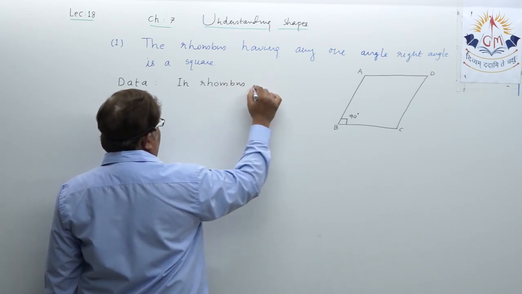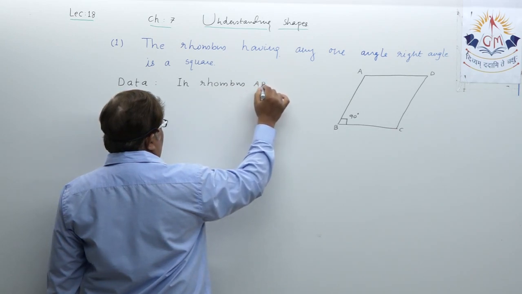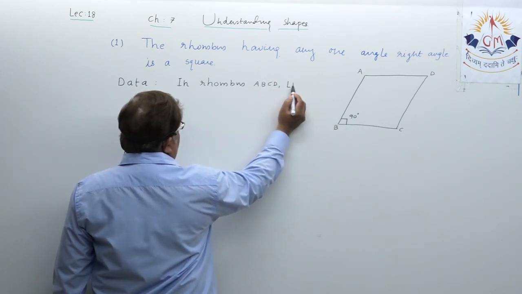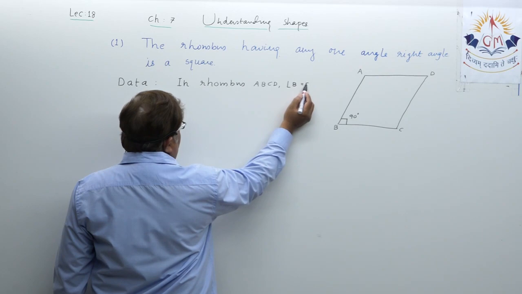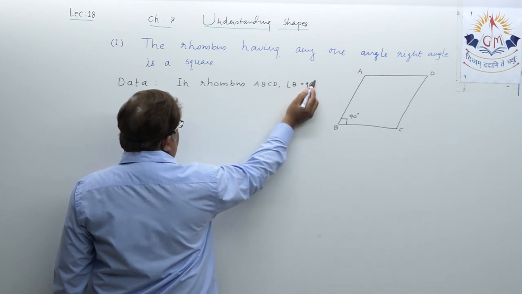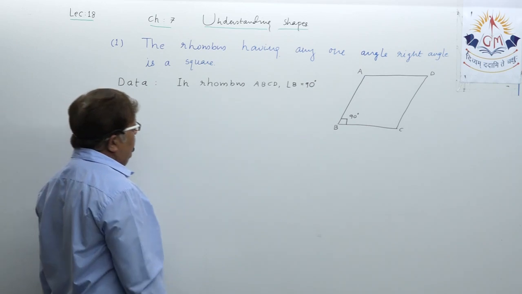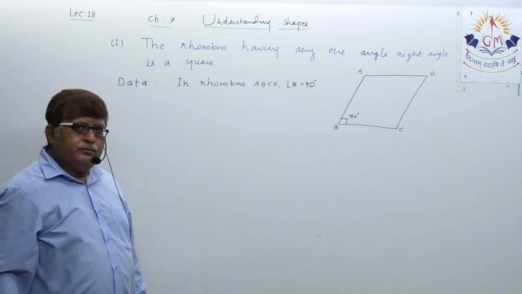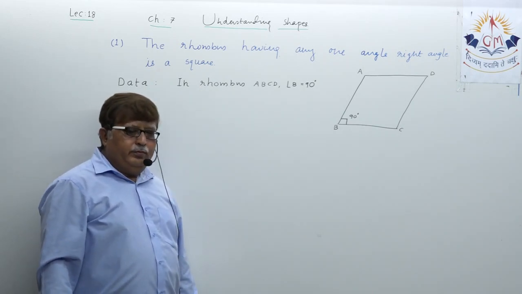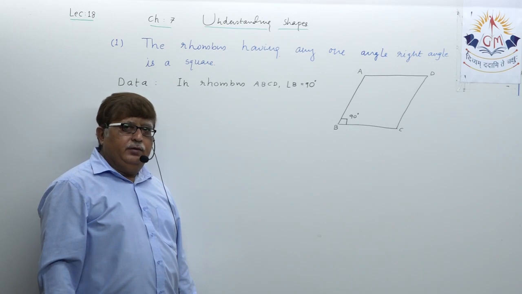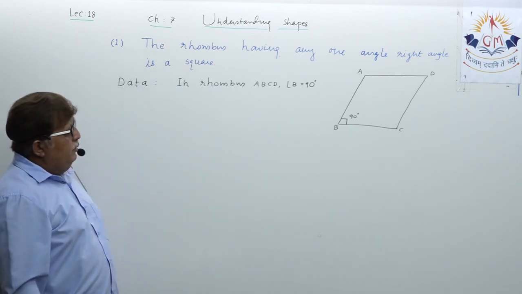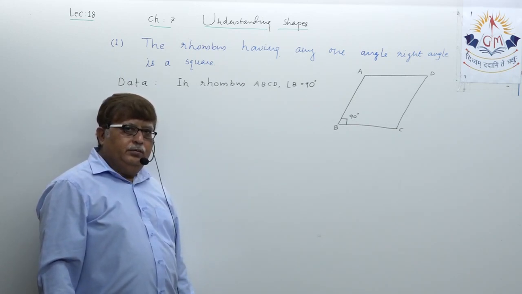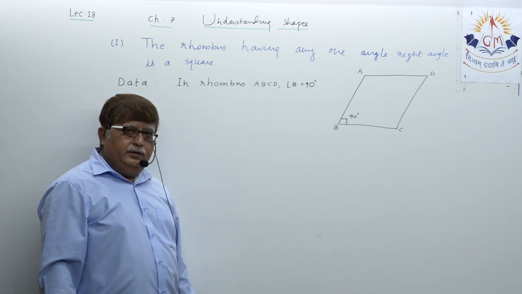In rhombus ABCD, angle B equal to 90 degrees. This is what we accepted as per the given condition. As per the given condition, we have accepted that in rhombus ABCD, measure of angle B equal to 90 degrees.